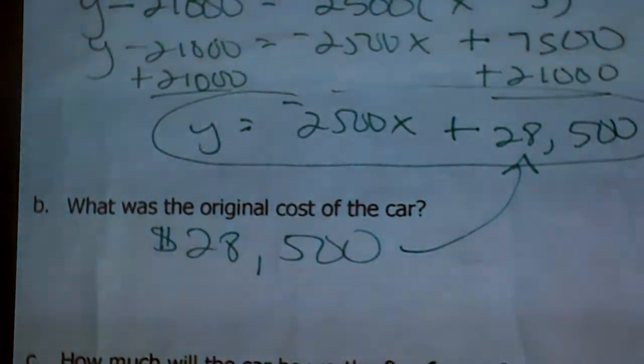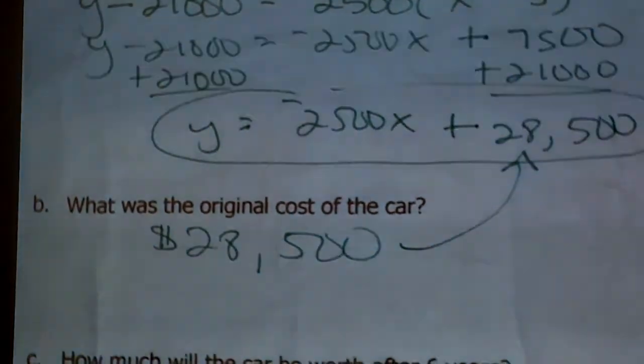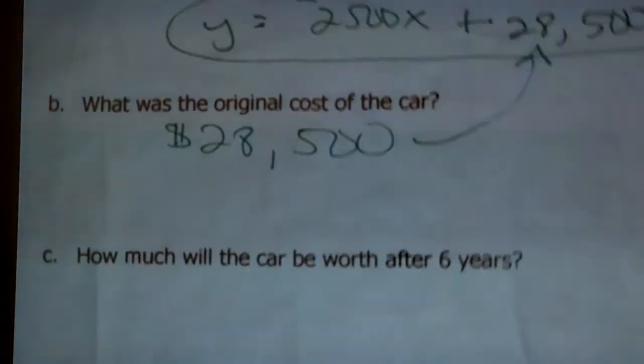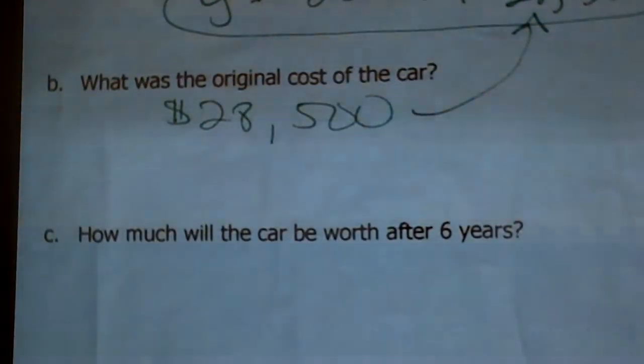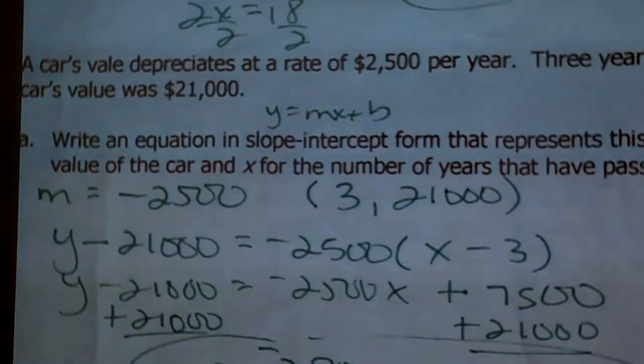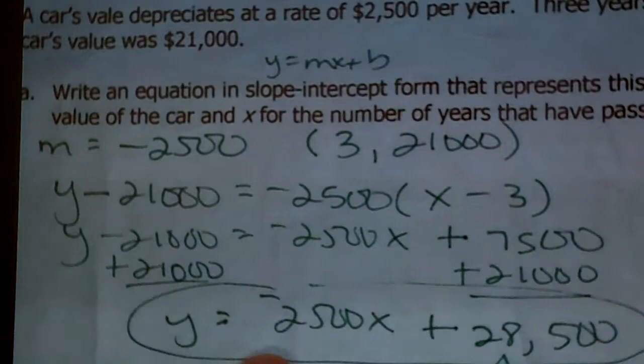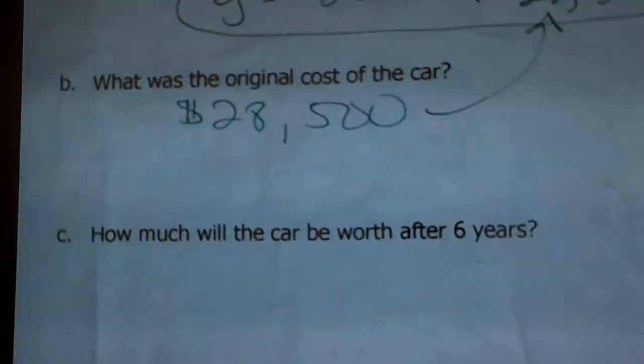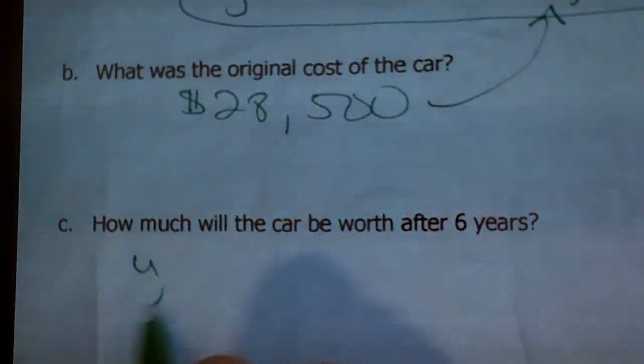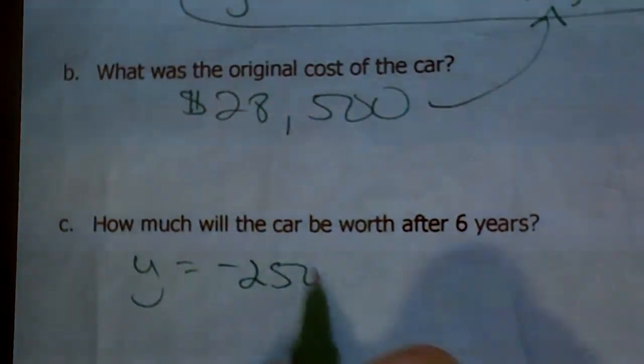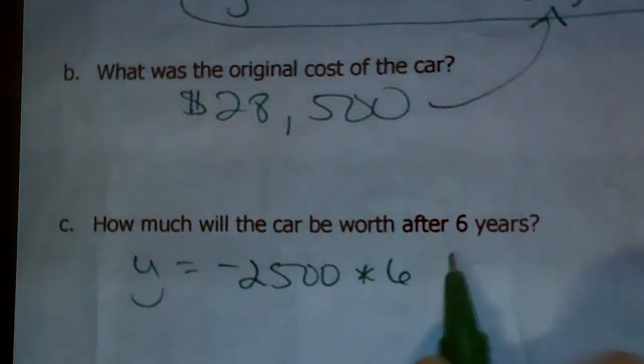Now letter C, I ask you, hey, how much will that car be worth after 6 years? Because I think I'm going to hang on to it for 6 years and I'm going to sell it. So if you think back to your original equation, y represents the total cost, x represents the number of years. For letter C, I'm telling you the number of years, right? So we're going to solve for y when x equals 6.